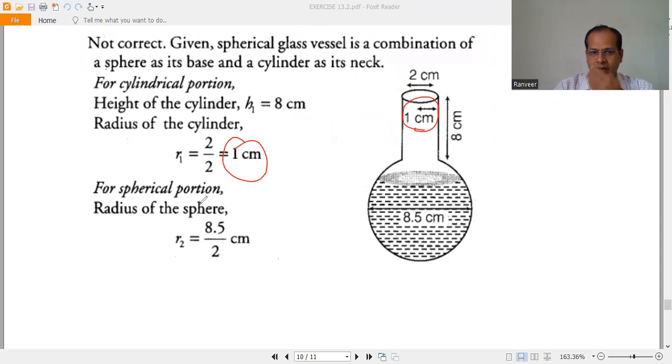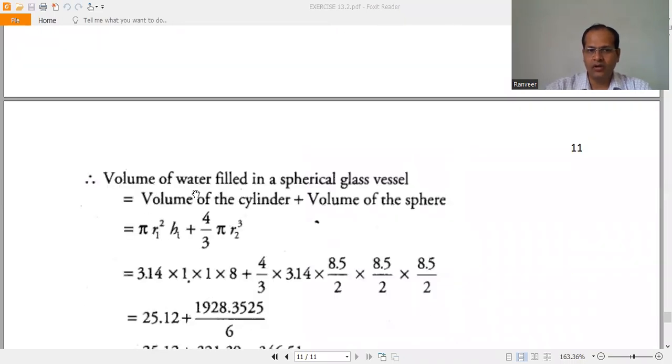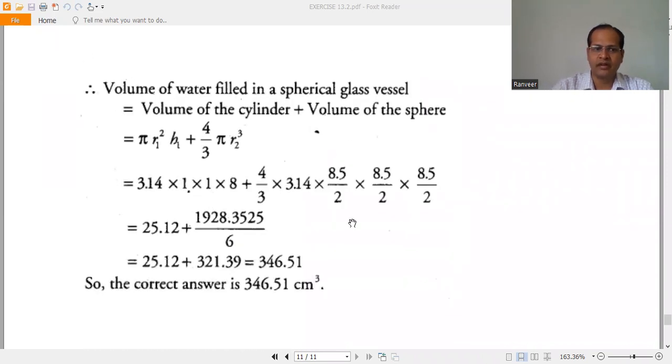For the spherical portion, the diameter is 8.5, so the radius is 8.5 divided by 2. Now the volume of water filled in the spherical glass vessel is the volume of the cylinder plus the volume of the sphere. We know the formulas pi r square h and 4/3 pi r cube. Just substituting the values, we got that this is the correct answer.